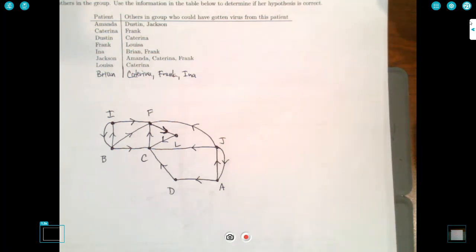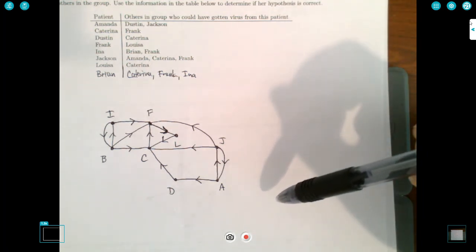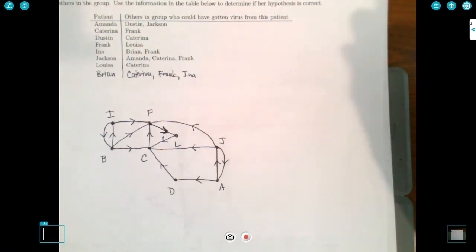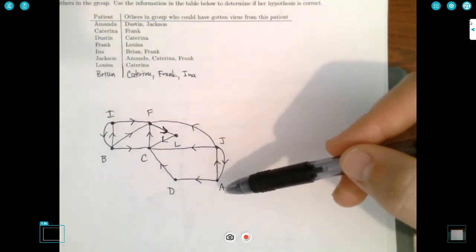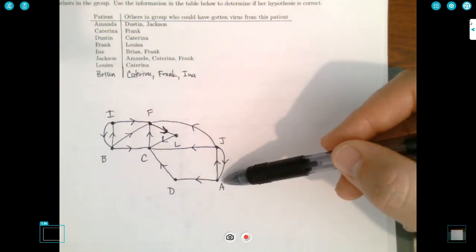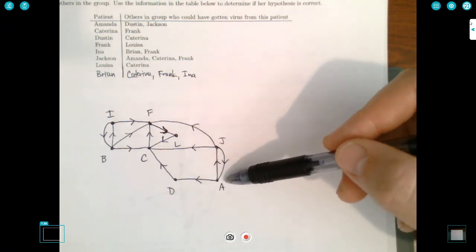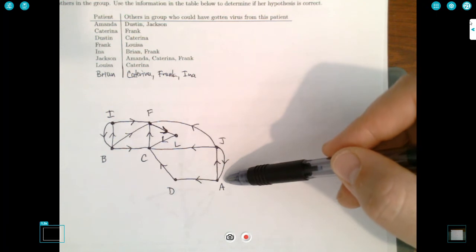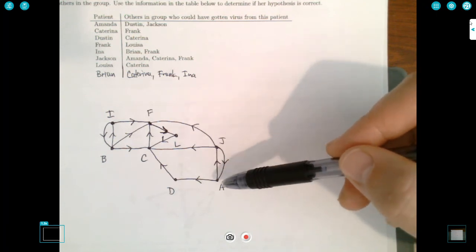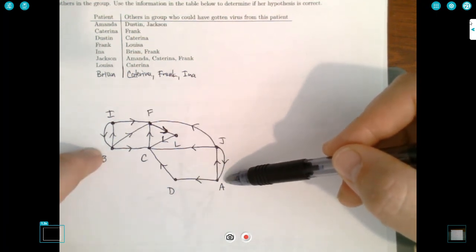Well, if they did, then there would have to be a directed path from one person to everyone else in the group. So for example, is it possible that the virus originated with Amanda? Then there would have to be a way for the virus to get from Amanda to Brian.